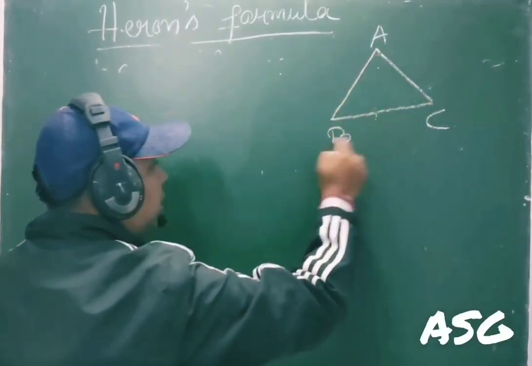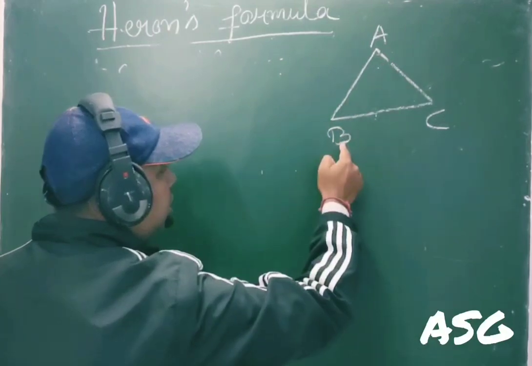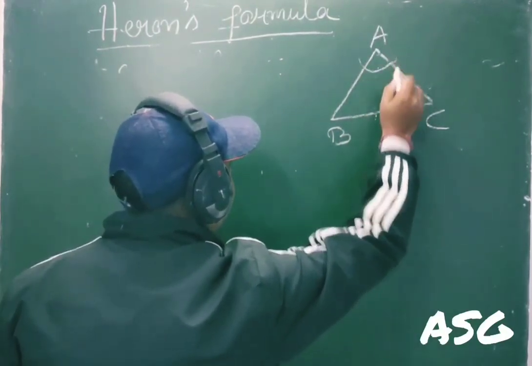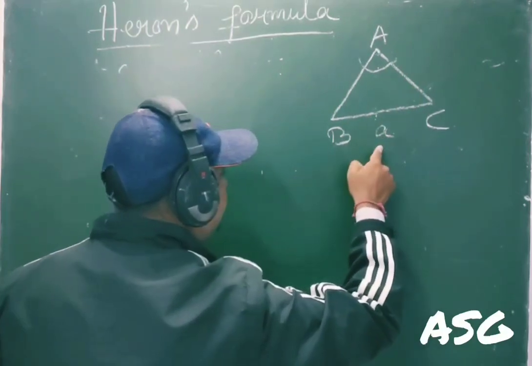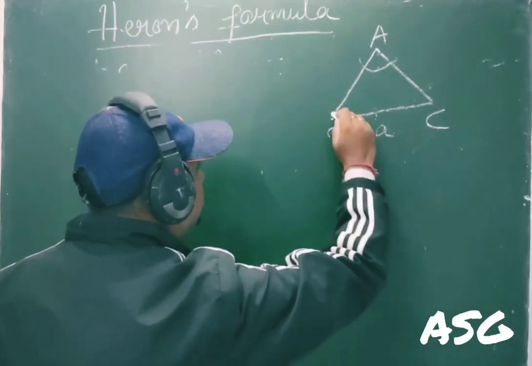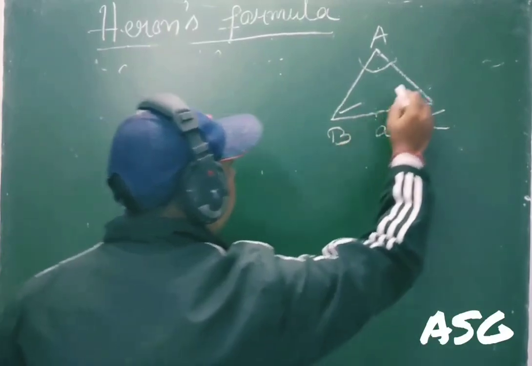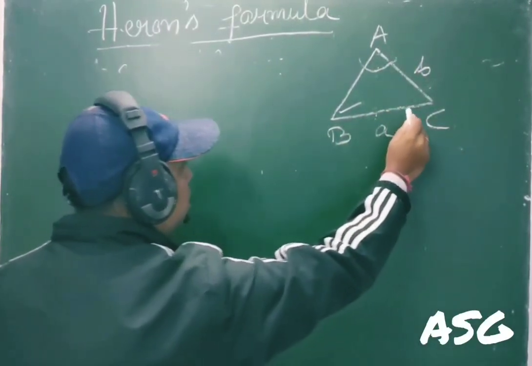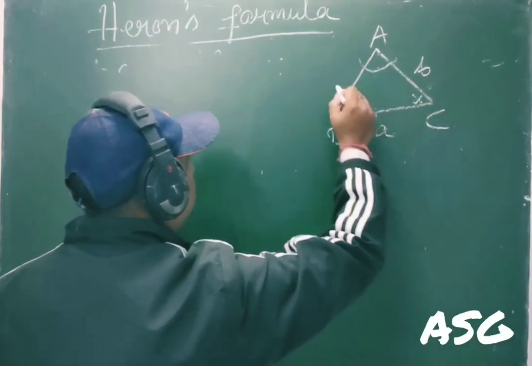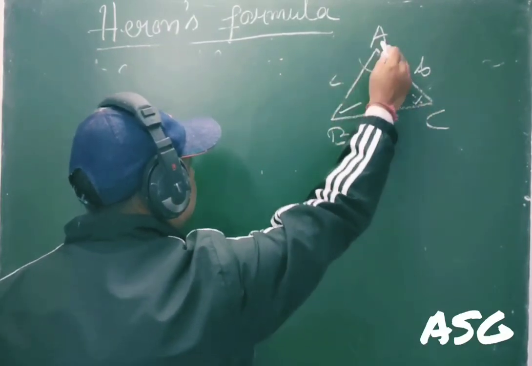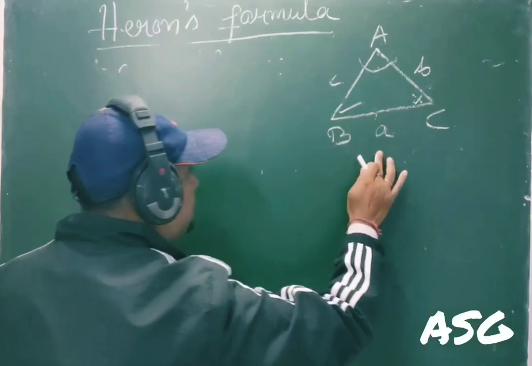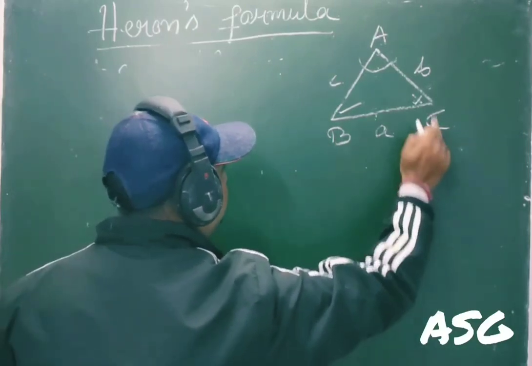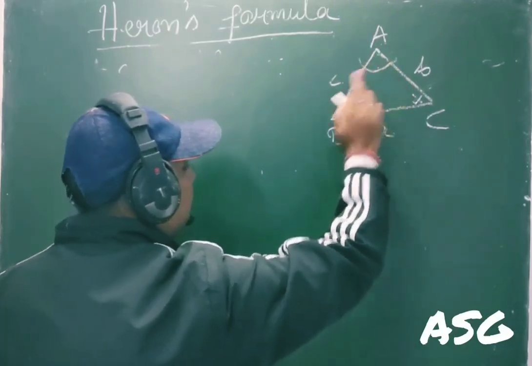When we write A, B, C in capitals, it means angles. Opposite to angle A is side a, which is BC. Opposite to angle B is side b, which is AC. And opposite to angle C is side c, which is AB. With small letters we denote sides, with capital letters we denote the angles of a triangle.